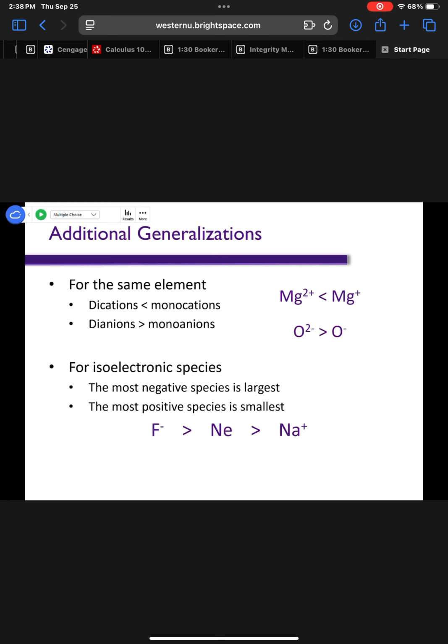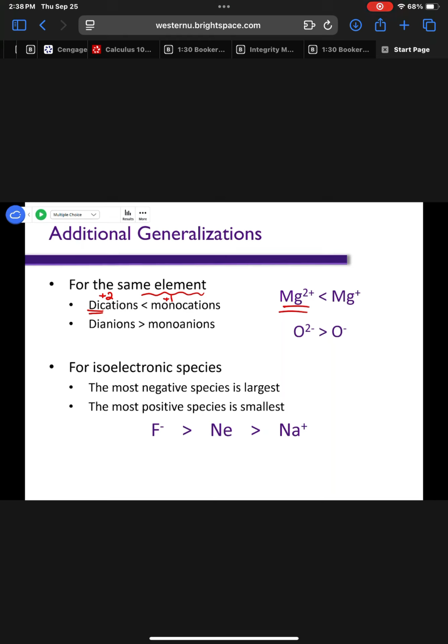And there are two more trends that you need to know, to just give you a full toolkit. Next item to know is that for the same element, if we have a +2 charged cation compared to a +1 charged cation, the dication is going to be much smaller than the monocation.